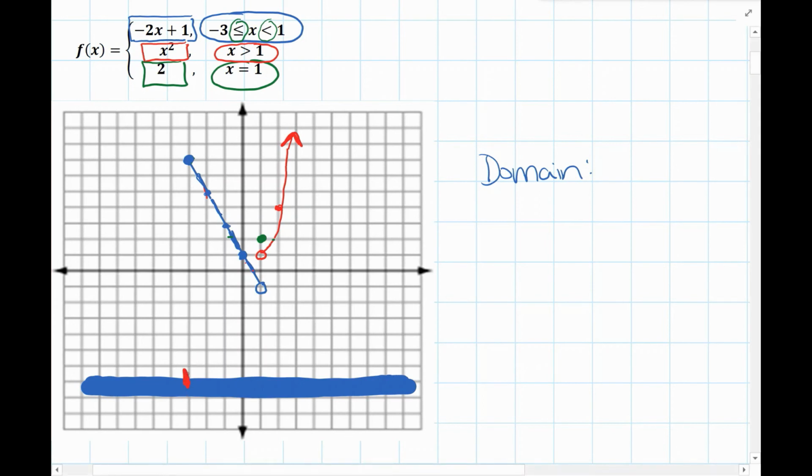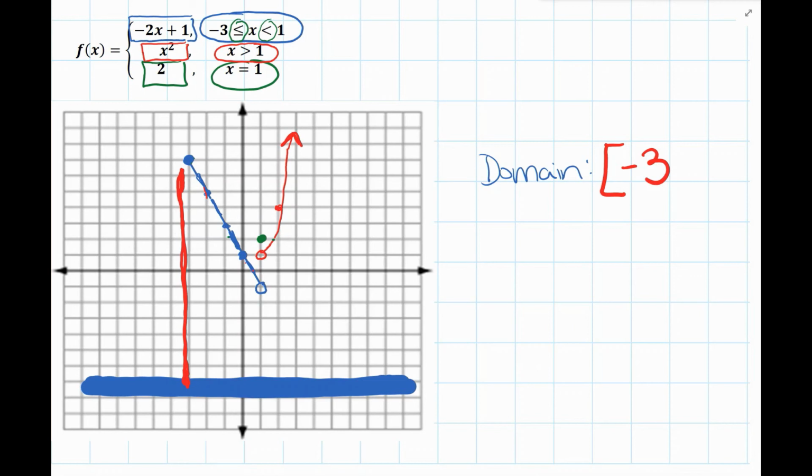This is where this graph starts. The value that I have right there is -3, and it is actually a closed dot. So this is going to be bracket -3, bracket because there's a closed dot there, meaning I include that number.